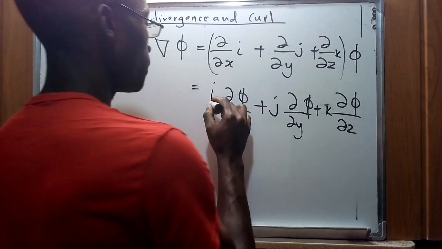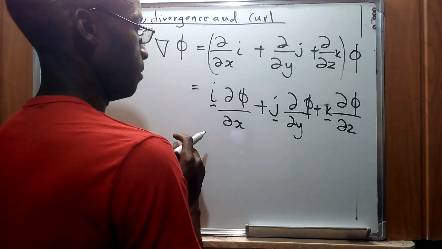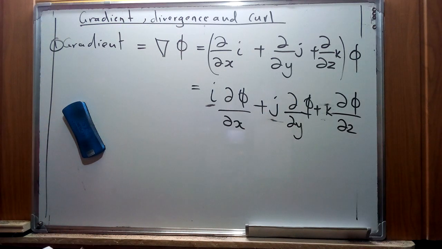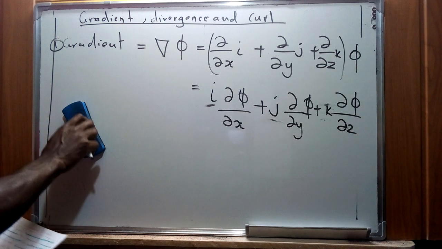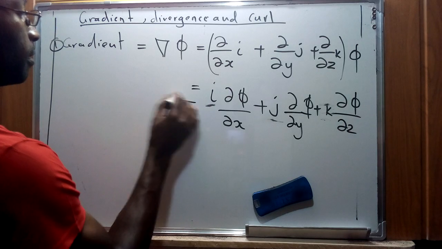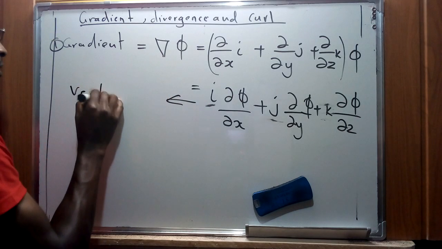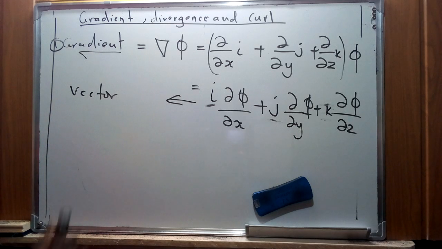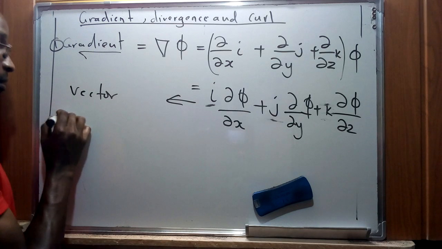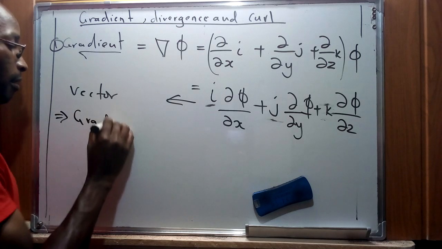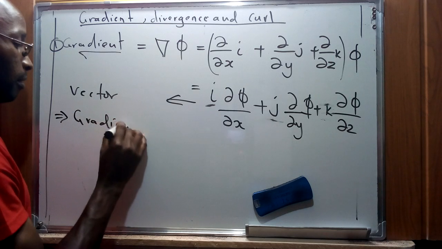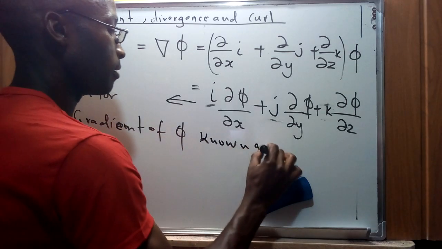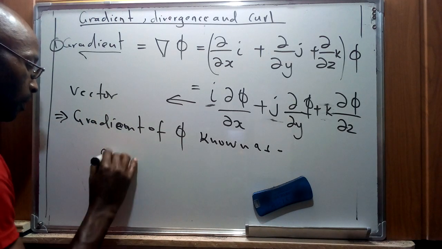Of course, in the presentation of these vectors, we have given the dimension for x, y, and z. Remember these are vectors. So therefore, this is a vector quantity that is going to be given as the gradient of phi, known as grad phi.